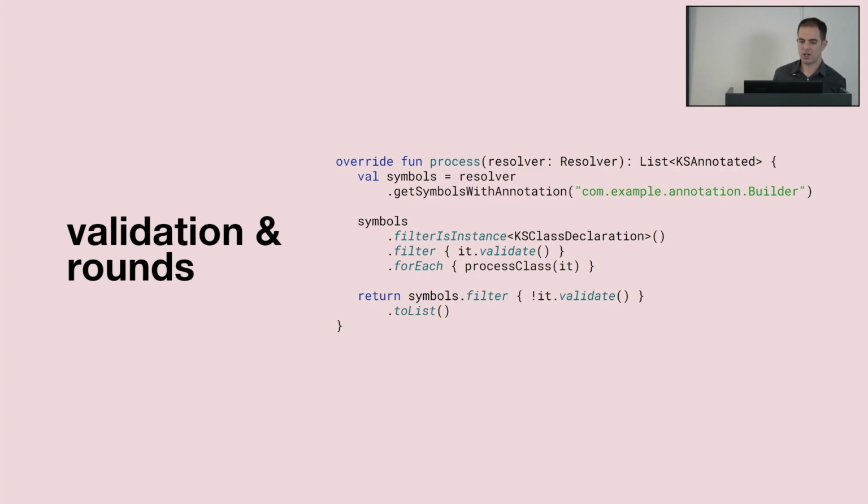And in the next round, in resolver.getNewFiles, I will get all of the newly generated files, and I can generate new code based on those files which were generated by previous symbol processors.